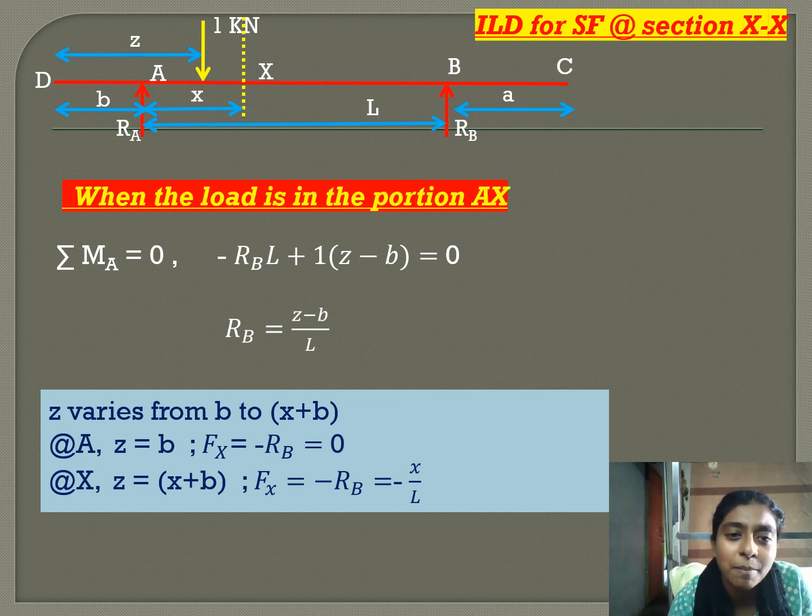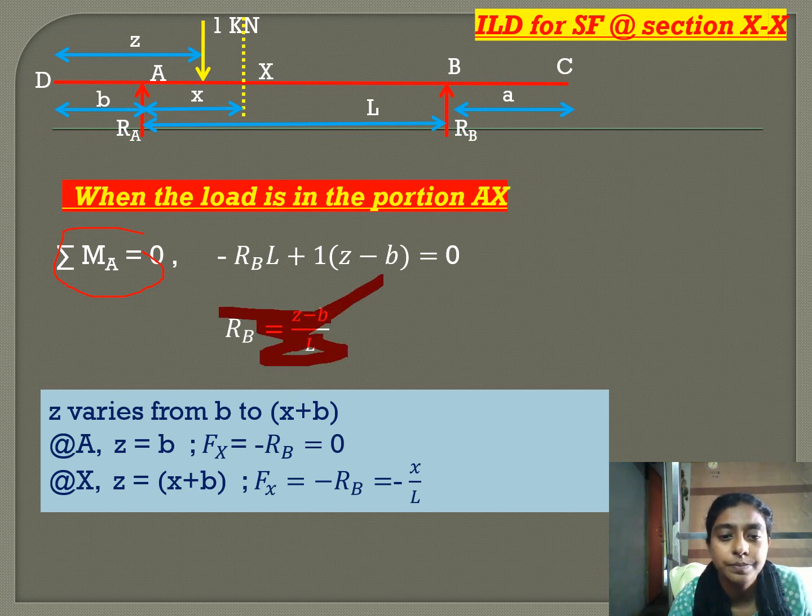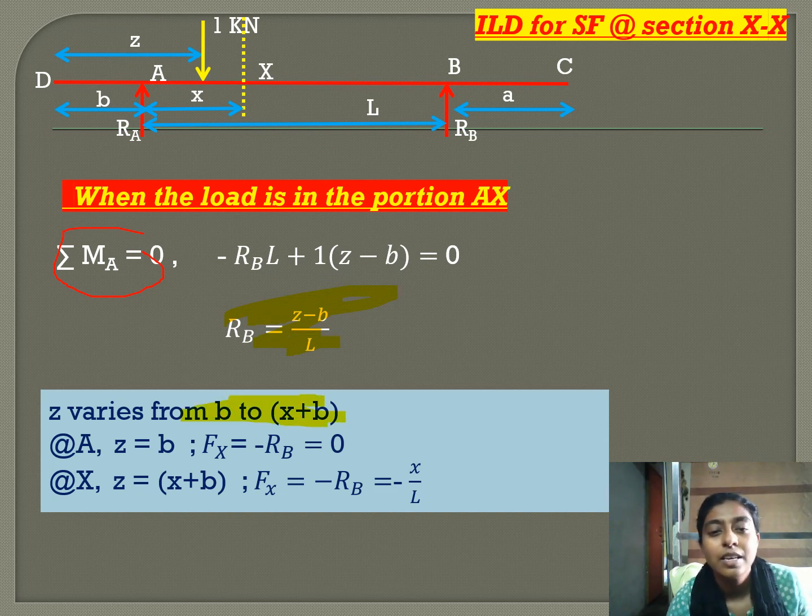Apply sigma MA is equal to 0, we get RB is equal to (Z minus B) by L. So Z varies from B to X plus B. Substituting the values, we get the shear forces at A and at X for the section X.